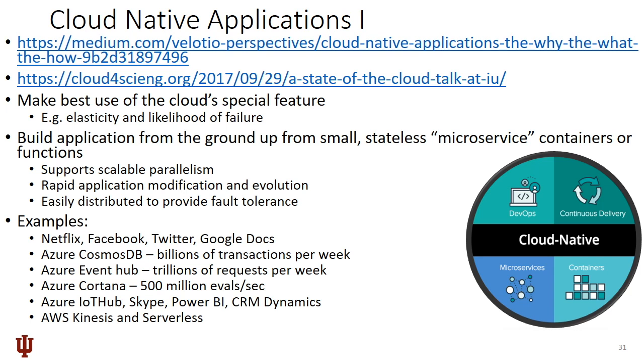And for this, we have to look a little bit deeper into how these systems are being designed. We need to remind ourselves that we are building applications from the ground up, from small stateless microservices and containers as functions. This supports a really different way of scalable parallelism across all the applications and services that we are trying to install.